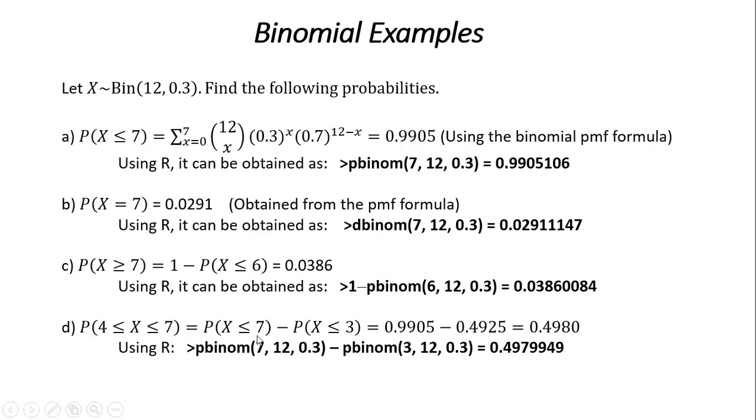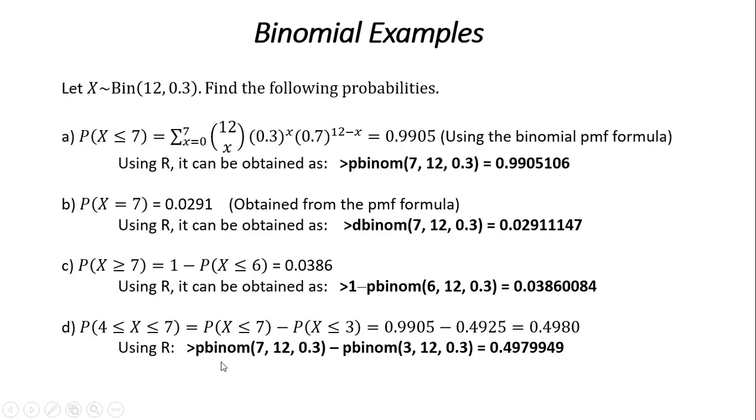We would work this out as the probability x is less than or equal to 7 minus the probability x is less than or equal to 3. Remember, here we're interested in the values where x is 4, 5, 6, and 7. This gives us the probabilities for all values less than or equal to 7, and we take away the probability for all values from 0 to 3.